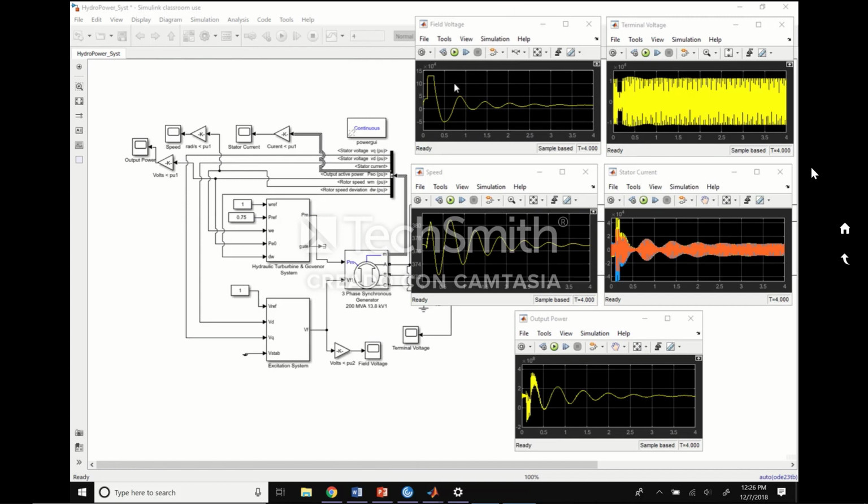Okay, so now we are going to actually run the system. It'll take a minute to compute.